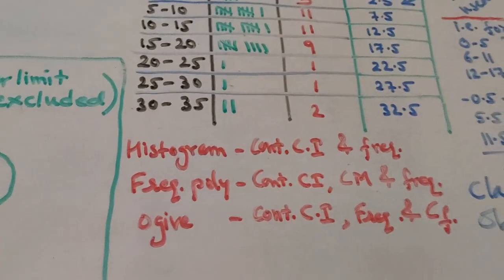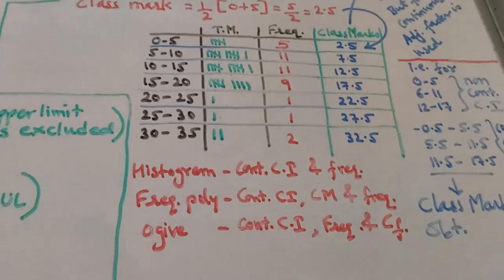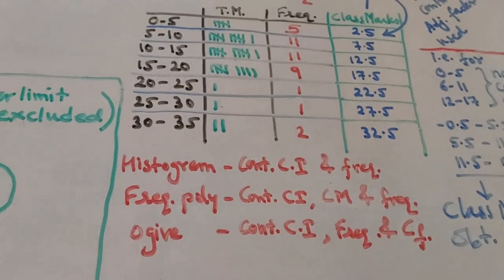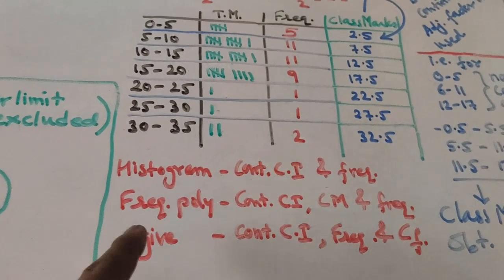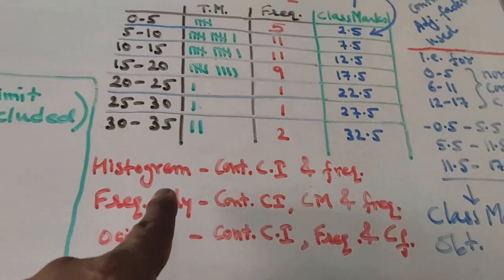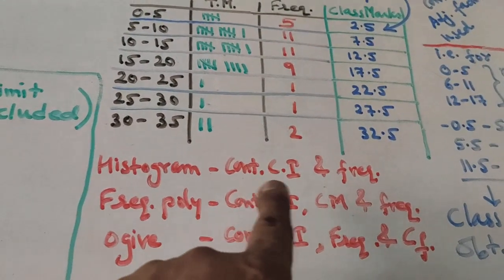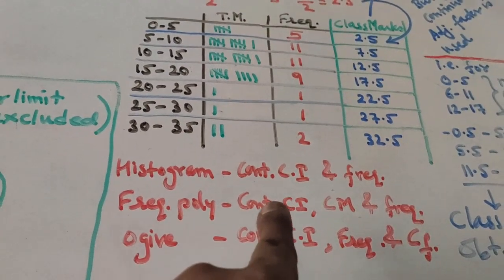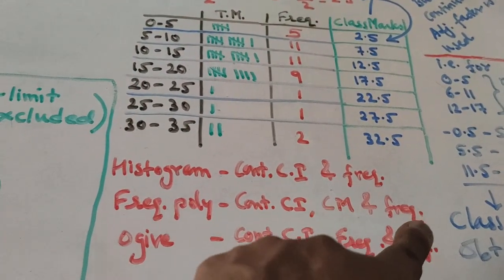Okay, anyway, now we are coming to the graph, because with the table you have to go for the graph. So which graphs are you likely to be asked? Histogram, frequency polygon, and Ogive. For histogram you require two things: continuous class interval and frequency. For frequency polygon you require continuous class interval, class marks, and frequency.